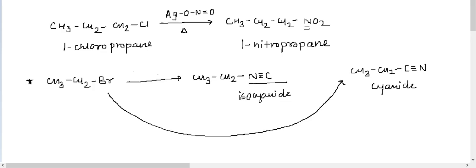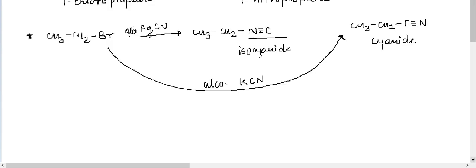So whenever alkyl halide is converted to alkyl cyanide, it is always treated with alcoholic KCN. Remember, alcoholic KCN. See, ethyl bromide can be converted to ethyl isocyanide. So remember, halides can be converted to isocyanide when we treat them with AgCN, and halides can be converted to cyanide when we treat them with KCN.